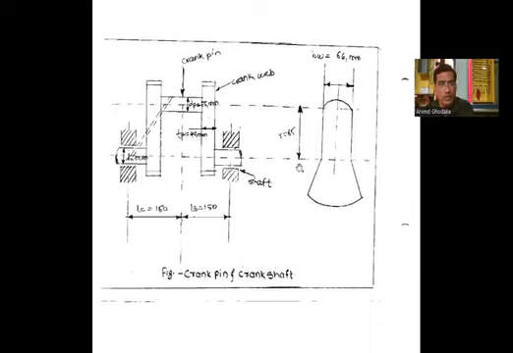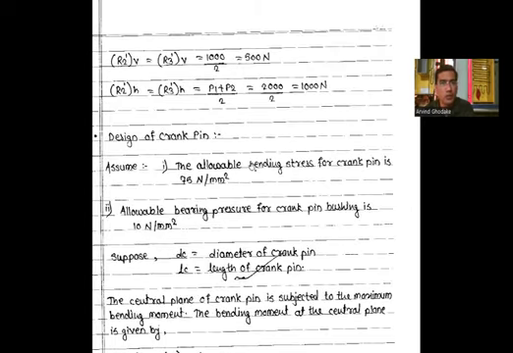We are calculating the reactions, which come to 500 Newton in the vertical direction and 1000 Newton in the horizontal direction.